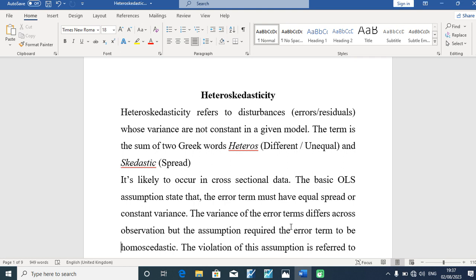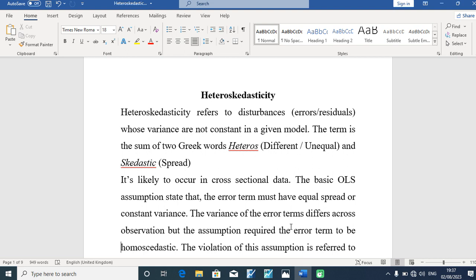The basic OLS assumption states that the error term must have an equal spread or constant variance. The assumption requires that the error term must be homoskedastic.